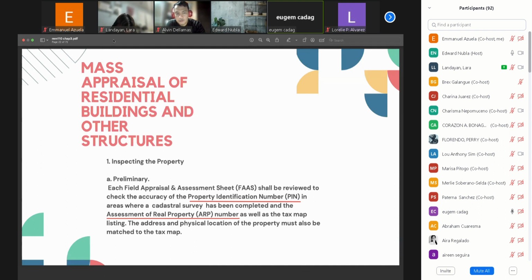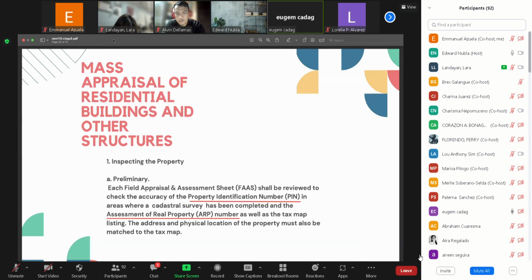It says here, mass appraisal is the valuation of a group of properties using common data, standardized methods, and statistical testing, like single property appraisal. Mass appraisal is rooted in three traditional approaches to value, which are the direct comparison, cost, and income. The difference is the scope of work and the tools used to complete the analysis.